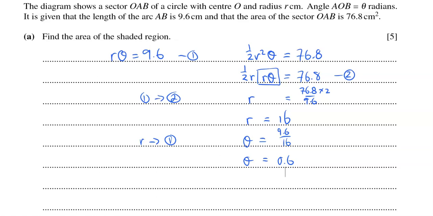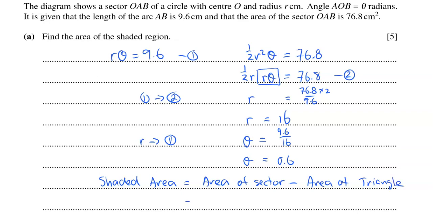Okay, so now that we know the radius and we know the angle, we can work out the shaded area, which of course is the area of the sector minus the area of the triangle. Well, we already know the area of the sector.